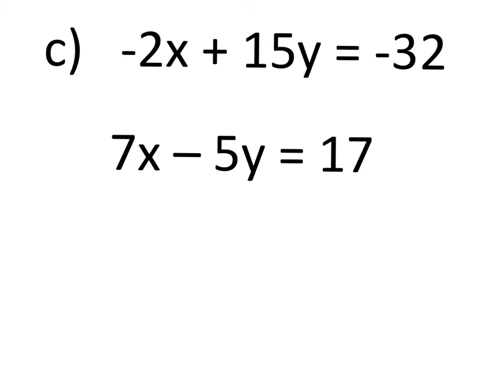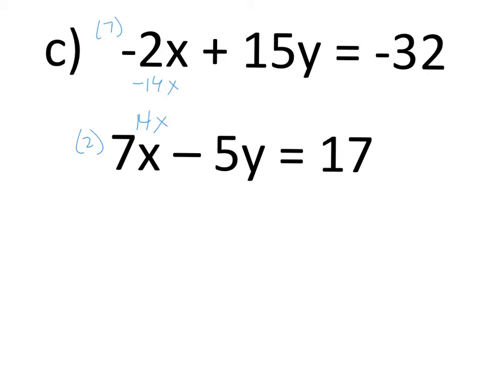If you really wanted to, you could cancel out the x's. To do that, I would multiply this one by 7, which would give me a -14x, and then multiply this one by 2, which would give me a 14x. Then you can see how those would cancel out. But you would have to multiply everything by 7 and everything by 2.